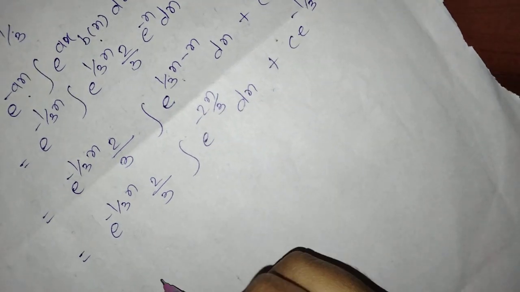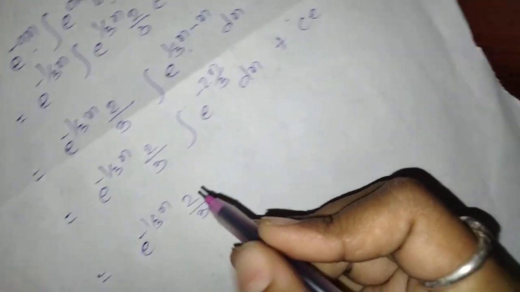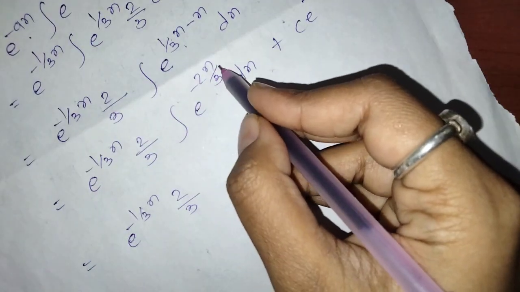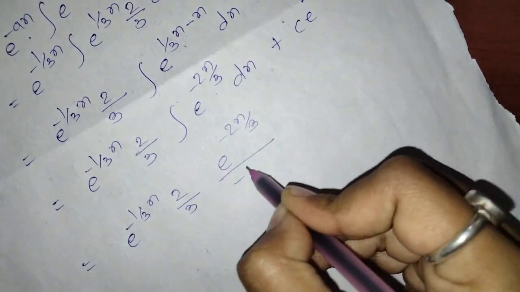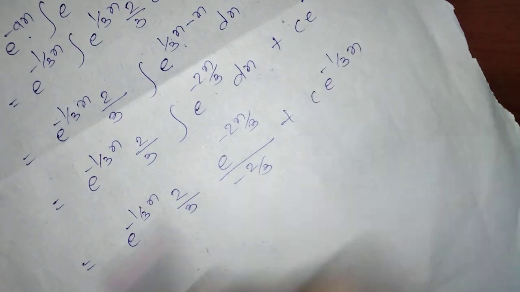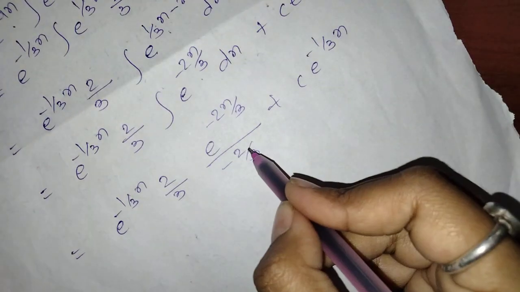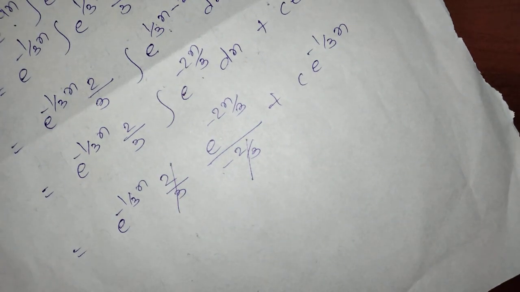This is equal to e raised to minus 1 upon 3x, 2 upon 3 integration of e raised to minus 2x upon 3, which is e raised to minus 2x upon 3 upon minus 2 upon 3, plus c e raised to minus 1 upon 3x. The 2 upon 3 get cancelled, minus as it is.